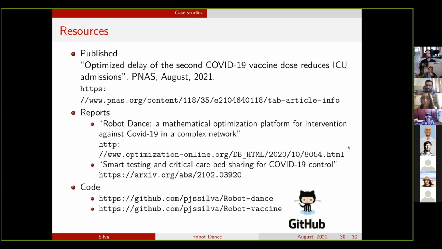To stop sooner is not acceptable, it's not a feasible point in our problem, because if you stop sooner, you accept that for a short period of time, you have more people than you have ICU capacity. So this is not acceptable.